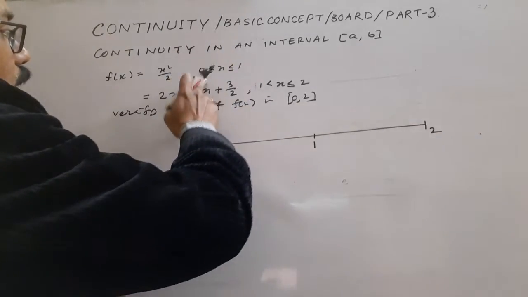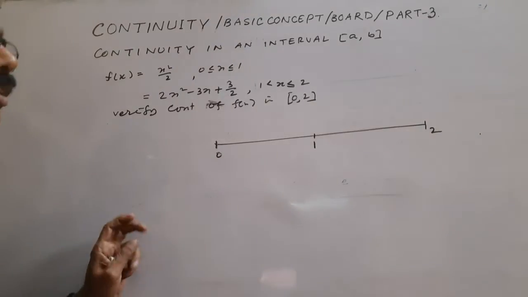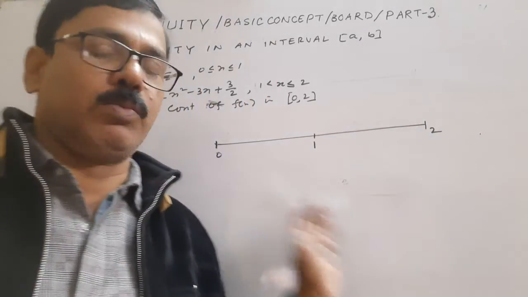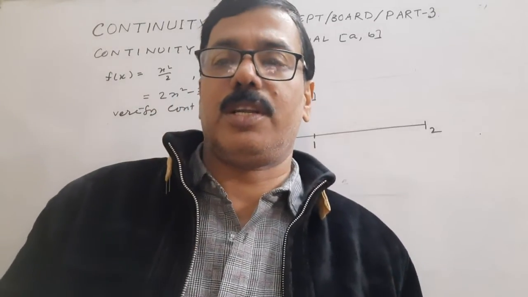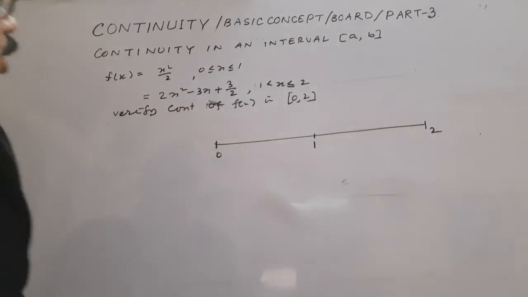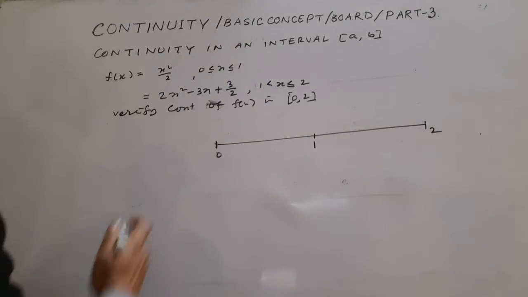So at the point 0, at the point 1 and at the point 2 only. Not at all points. If it is continuous at these points, then we conclude it is continuous in the interval AB. So let us verify continuity at x equals to 1.